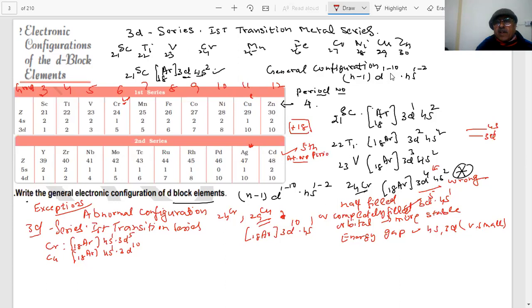So in the fifth period, the last will be 5s. The inert gas elements you already know: helium, neon, argon, krypton. So you have 2, 10, 18, and 36. So 36 is your krypton.